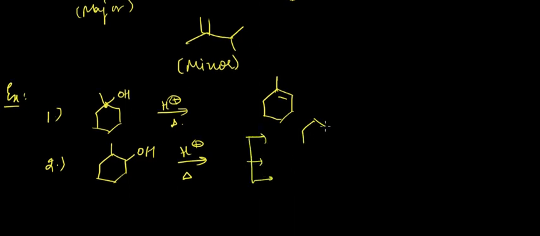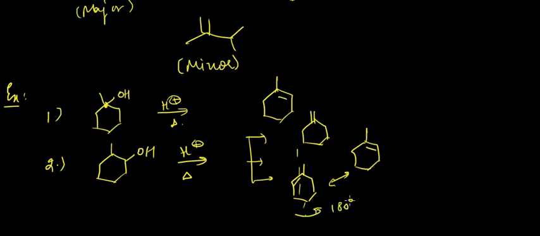The first one can be something like this, second one can be something like this, and third one would be something like this. But again you can see that these products are the same only because I can rotate it through this plane 180 degrees, so this will result in the same compound. So this would be the major compound. Why? I hope you can guess why.